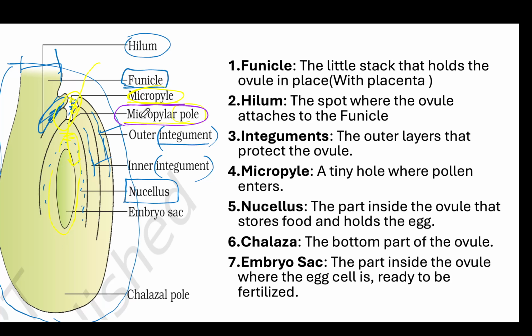Now there is another end as well, which is opposite, far compared to the micropylar pole. So this one is the chalazal end, the chalazal pole. Clear? So this is all about the structure of the ovule.